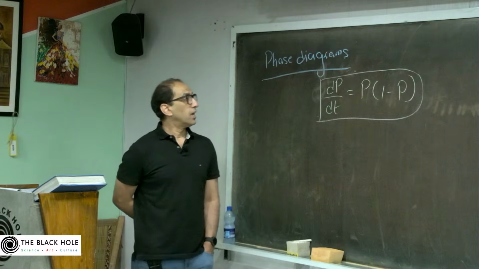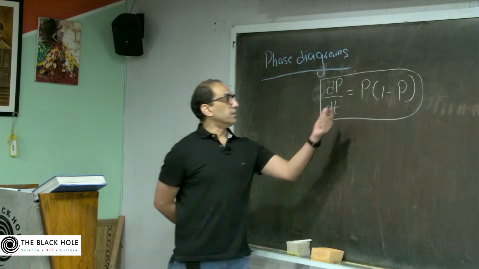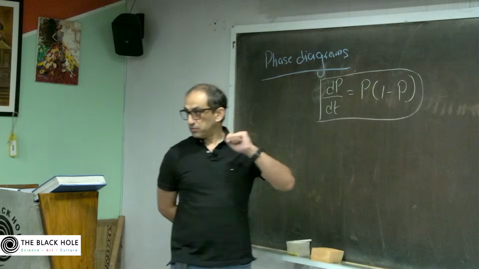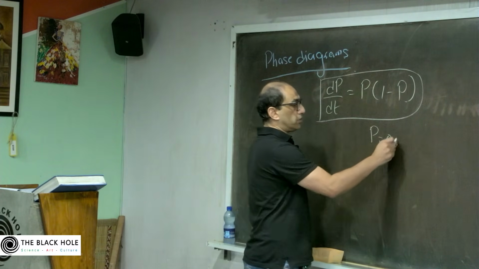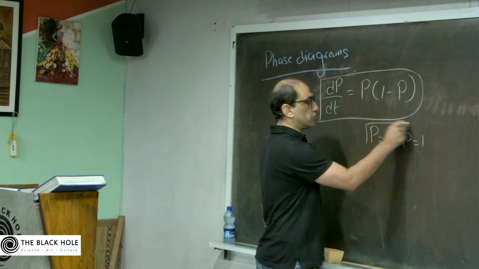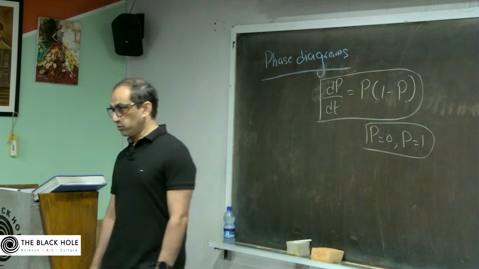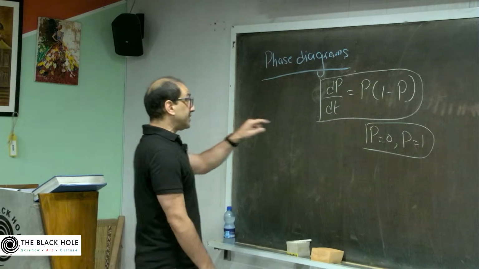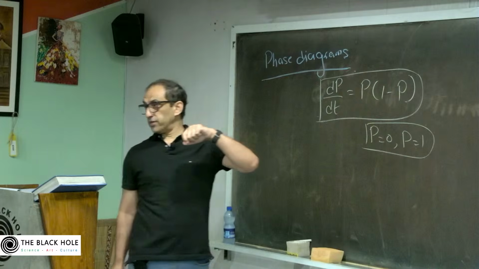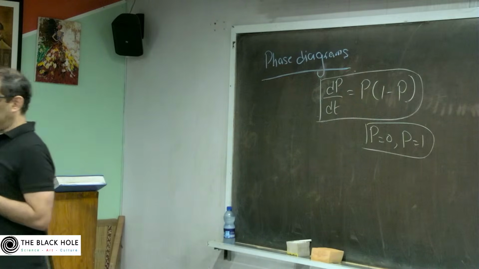Okay. So if you just look at this equation, you can find that p is equal to 0 and p is equal to 1 are the two solutions of this particular equation. Okay, right? But since there is a time derivative here, it's kind of an evolution equation as well.